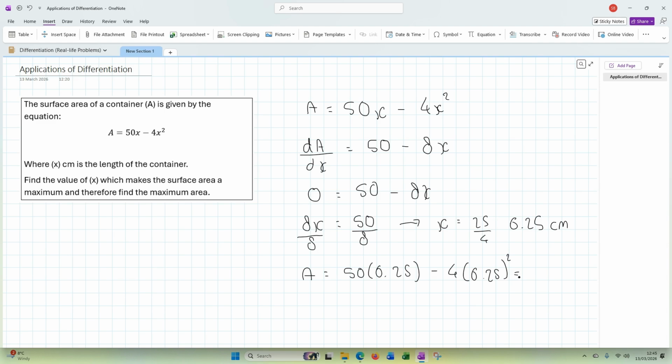This should give a value of 156.25 centimeters squared.